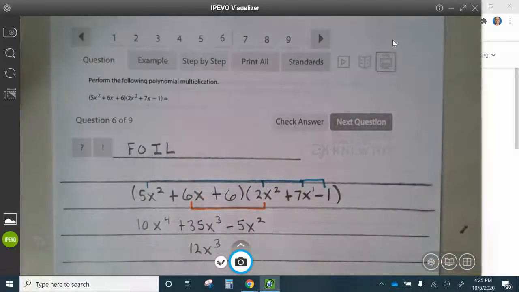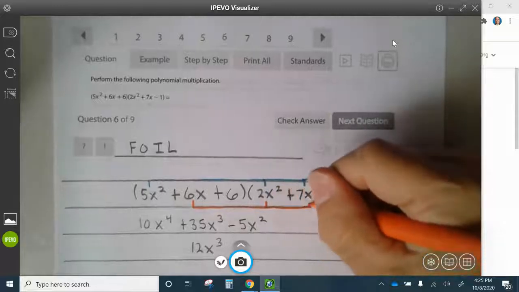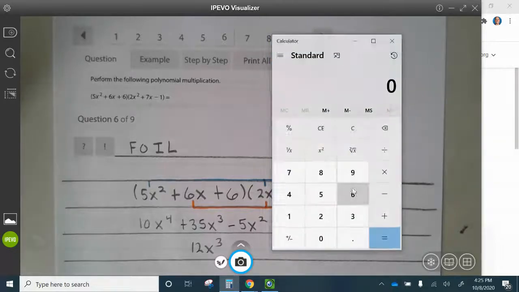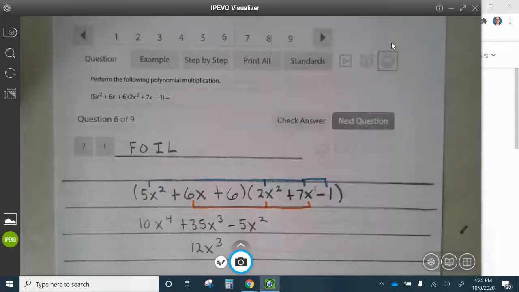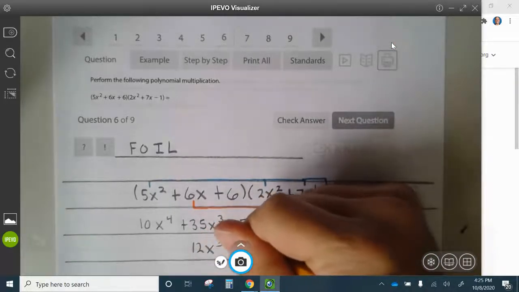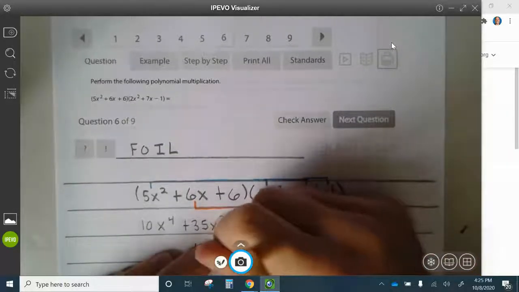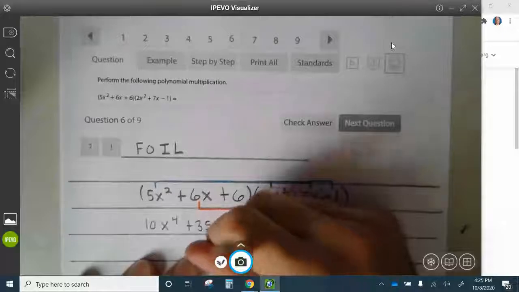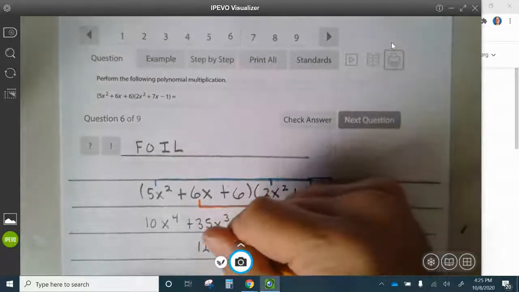I'm just not good with multiplying by 7 for some reason. 42. So that's plus 42x squared.